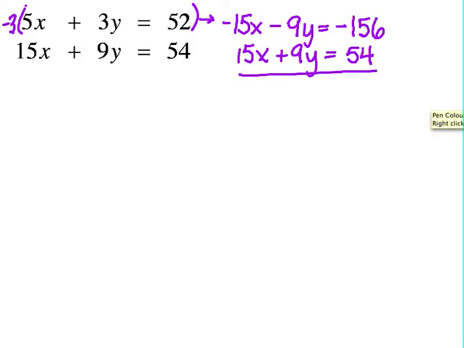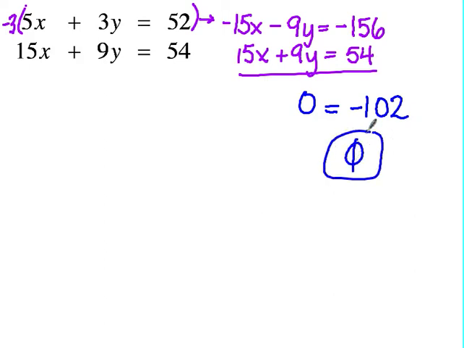What do you get on the left? Yeah, 0 equals, what do you get on the right? Negative 102. True statement? No, that's not true. So since it's not true, your answer is no solution. Remember, if that would have been a true statement, like 0 equals 0, you would have done all reals. But since it's not a true statement, you have no solution.